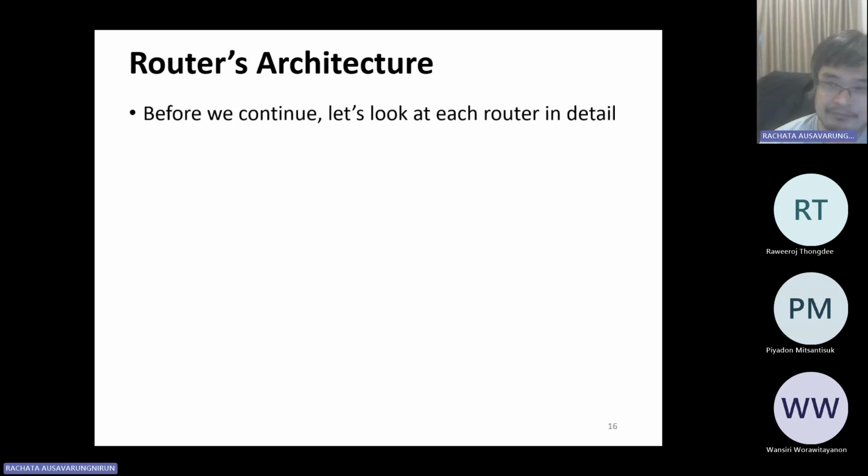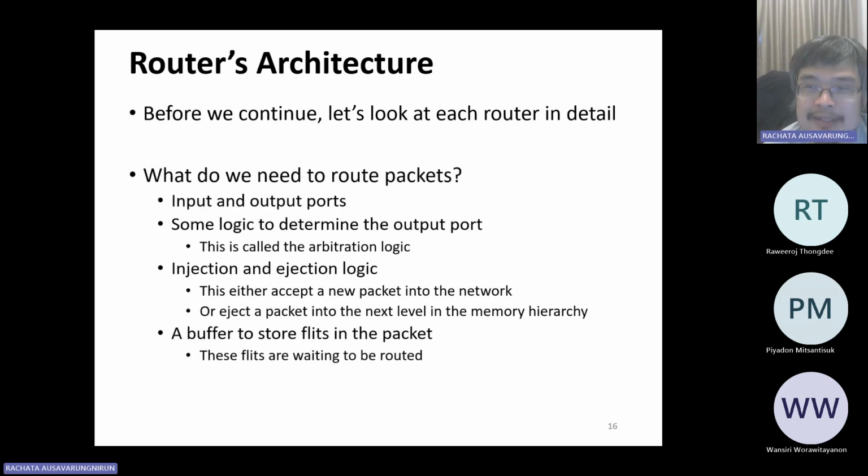Before we continue, there's more things to look at because I just talked about deadlock and then I said, hey, there has to be a buffer in the router, right? So let's look at these in detail. What do we need to actually route the packet? We already talked about input and output port. You need some input, we need some output. We need some logic to figure out, okay, given this packet, it wants to go there.